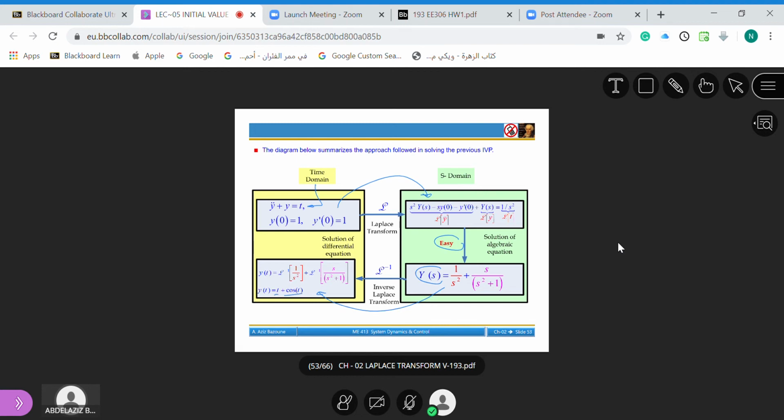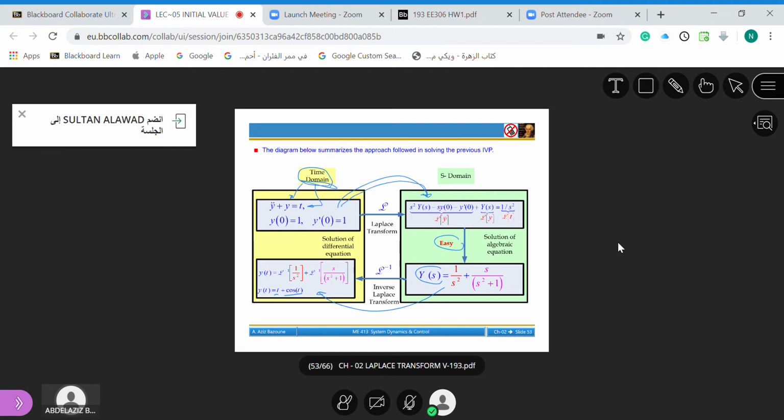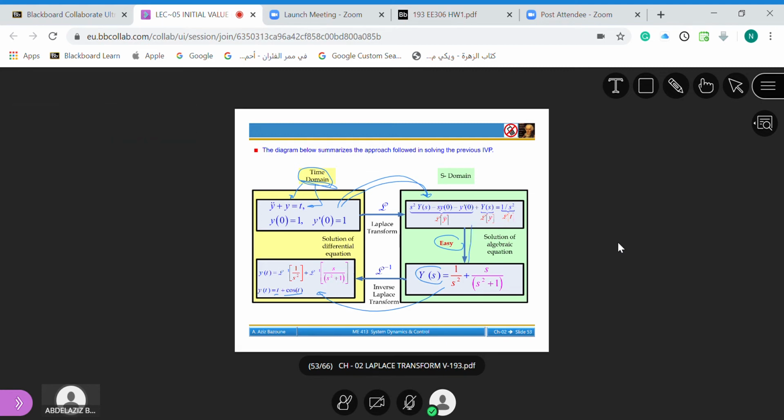And this is how the Laplace transform works. If you remember, this was one of the first slides I gave you when we started the Laplace transform. So this is the method by which we can solve problems with the Laplace transform. When we are dealing with system dynamics and control, we will do the modeling. We will find a differential equation in the time domain, something like this, and then we transform it to the S domain and solve the S domain equation.